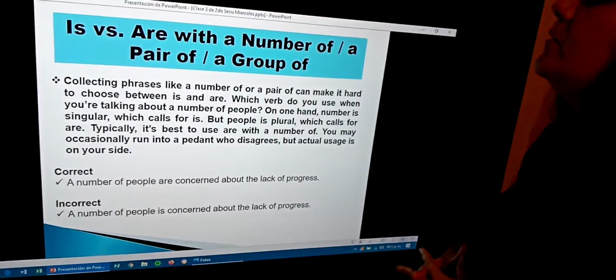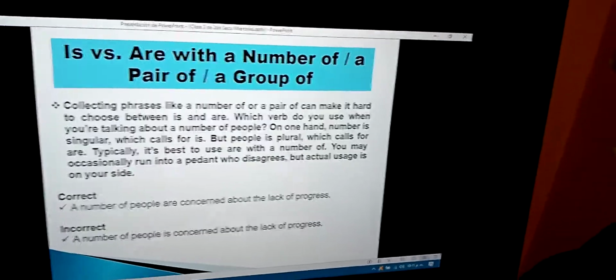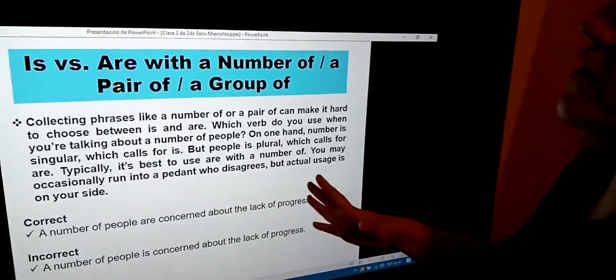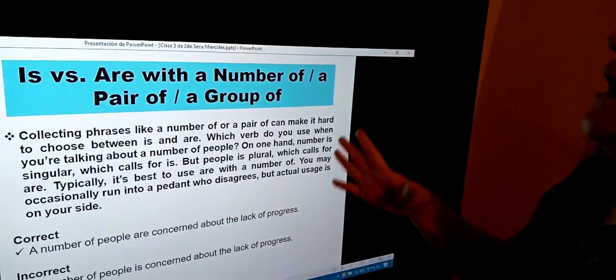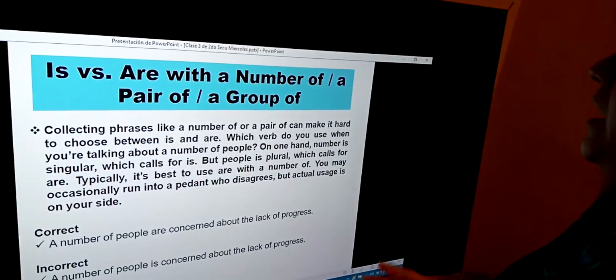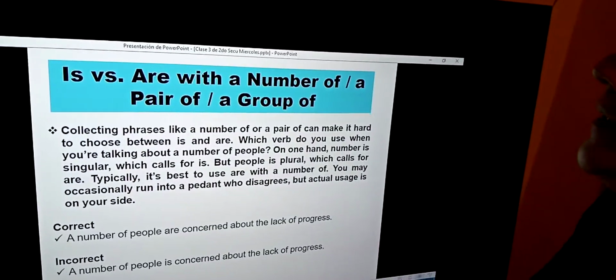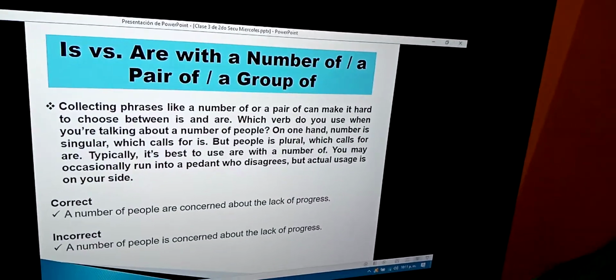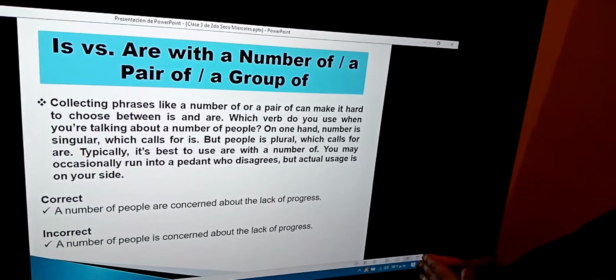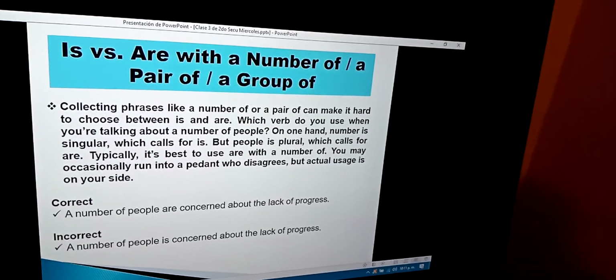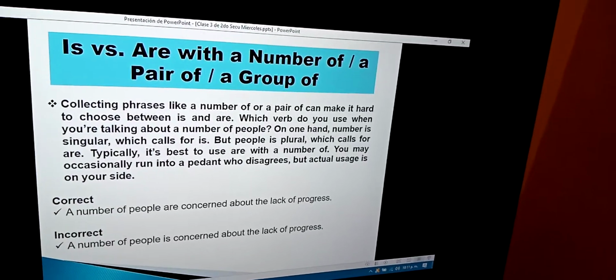Is and are with a number of, a pair of, a group of. Collective phrases like a number of or a pair of can make it hard to choose between is and are.